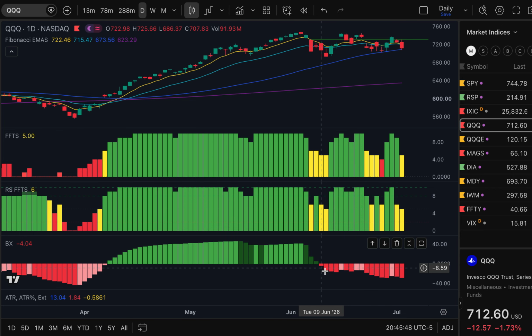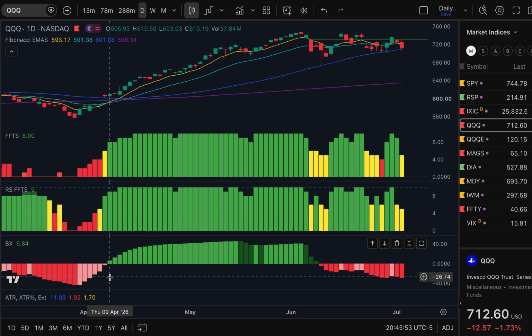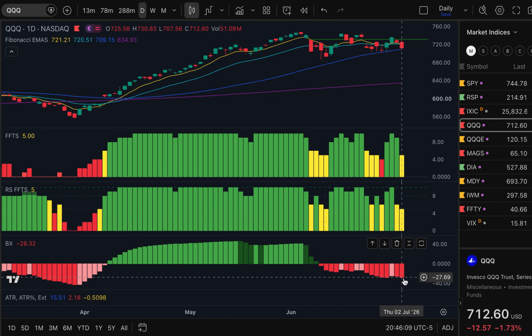And so looking at QQQ, we can see back on April 9th, the momentum turned positive, green, and then on June 9th, the momentum turned negative and has stayed negative until our last close on Thursday, July 2nd. The momentum is still negative.